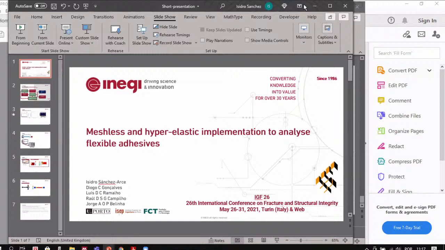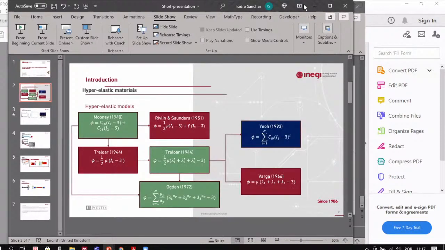But anyway, we know that there are many hyperelastic models, from Treloar in 1944 until the more recent. The most popular ones are the Mooney-Rivlin, the Treloar, also known as neo-Hookean, the Ogden model, and the Yeoh, which are the most used for adhesives.